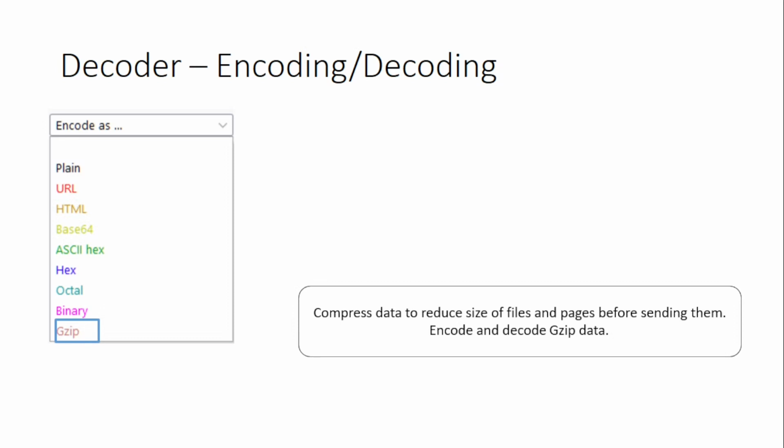This is a widely used compression method to reduce file sizes, because we know that smaller pages mean faster loading time, which is highly desirable for developers looking to increase their SEO score, and it avoids annoying their customers. Anyway, Decoder allows us to manually encode and decode gzip data, although this can be hard to process as it is often not valid ASCII or Unicode.